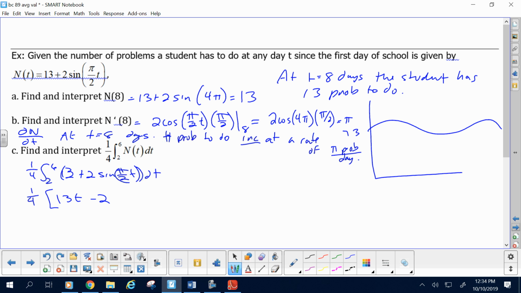Okay, so cosine. So I don't know if you're gonna legit use sub or mental use sub, but that pi over 2t is a bit of a sticky wicket, so be careful.